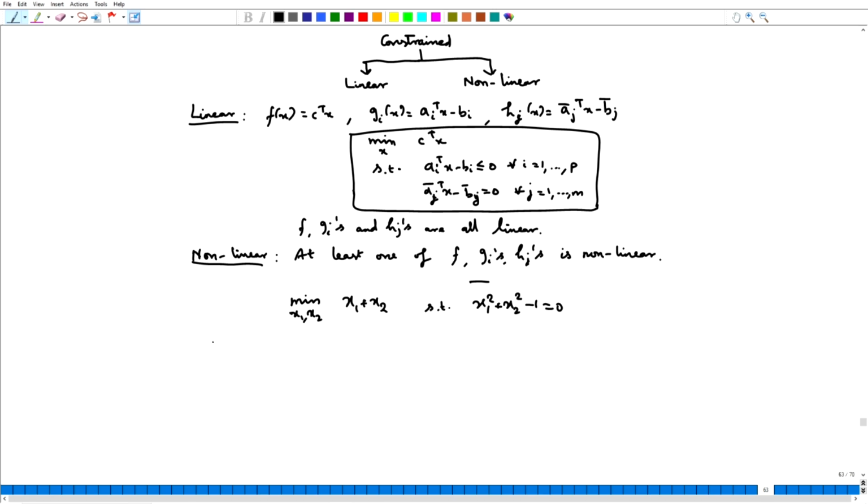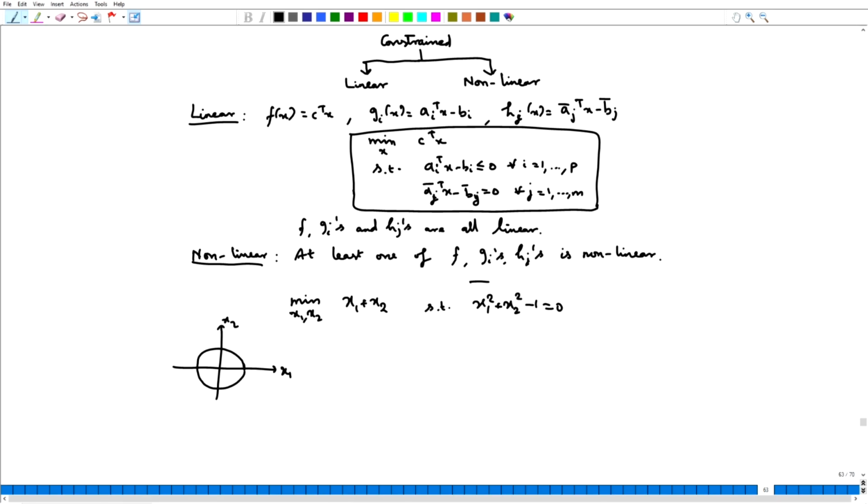What this means is that you have a unit circle, and you should find the point on the boundary of this unit circle in such a way that x1 plus x2 is minimized.